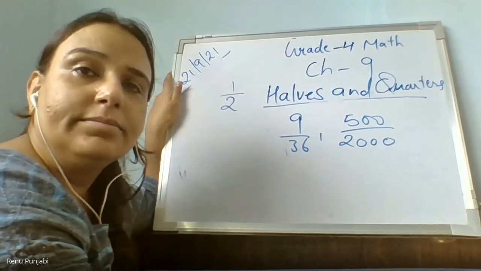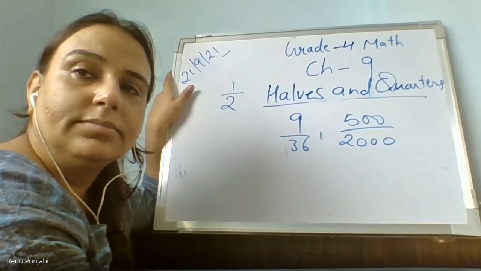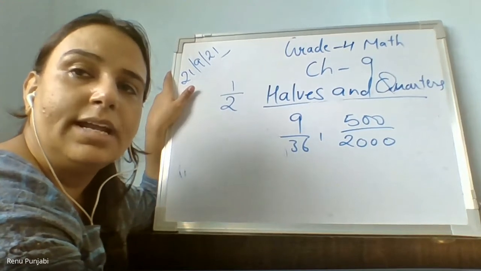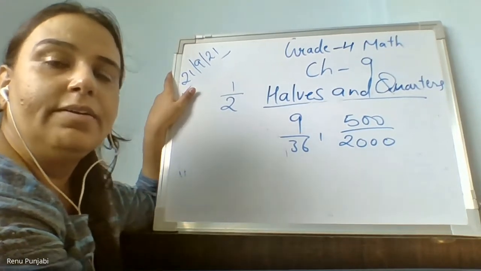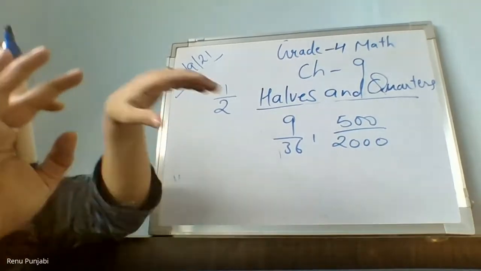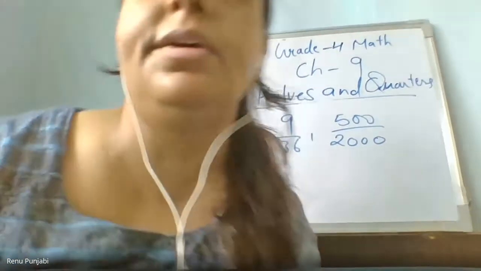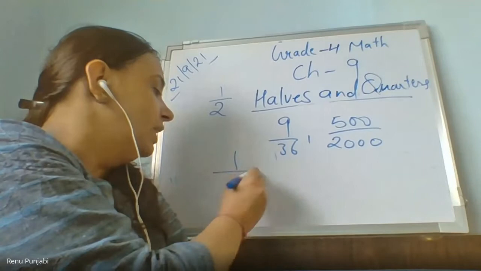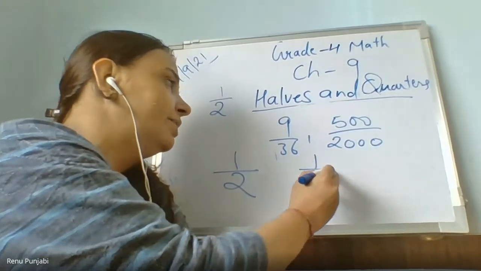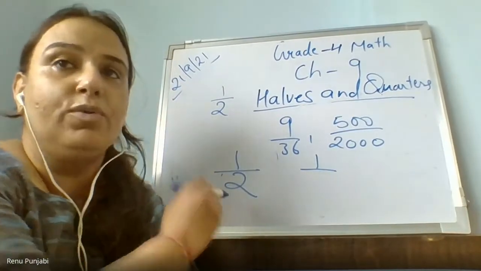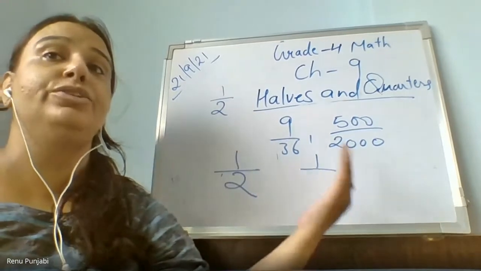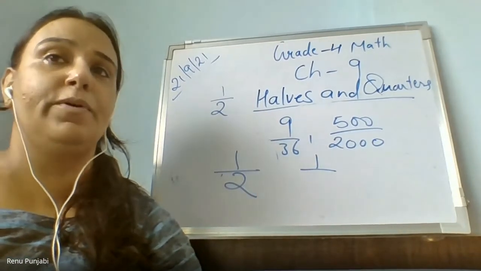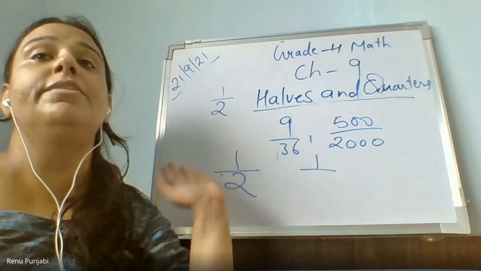Do it again. Yes, Brayag is right. 300 divided by 1200. Very good. So are you all clear what is the half and what is the quarter? Quarter is not only 1/2 and half is not only 1/2. We have seen all the other fractions are also similar to 1/2, but we see them in a different form.